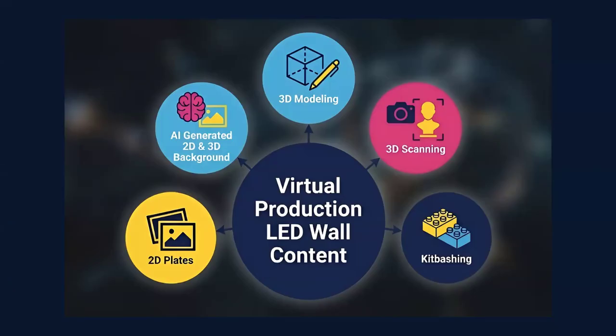For example, if the client comes in and the shot they're going to make doesn't move the camera or anything, we are most likely going to go with 2D plates. They can be 2D plates actually taken in real life. They can be AI generated. We're gonna talk about them in detail tomorrow.